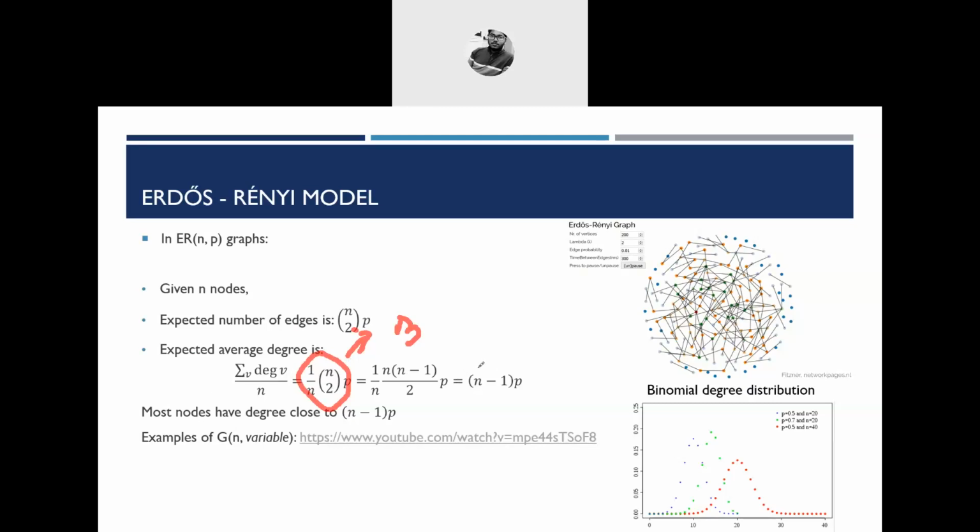Because when we talk about real world networks, binomial distributions are the least likely functions to pop up. Mostly they are exponential. It can be logarithmic, but they cannot be binomial.